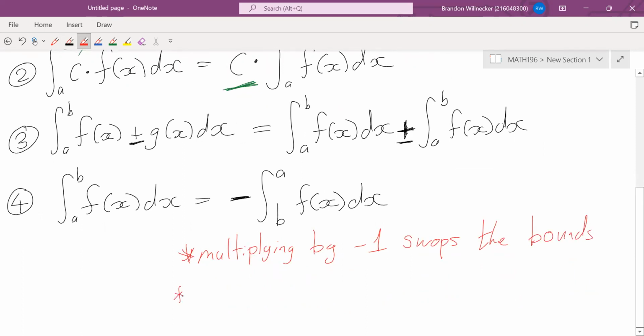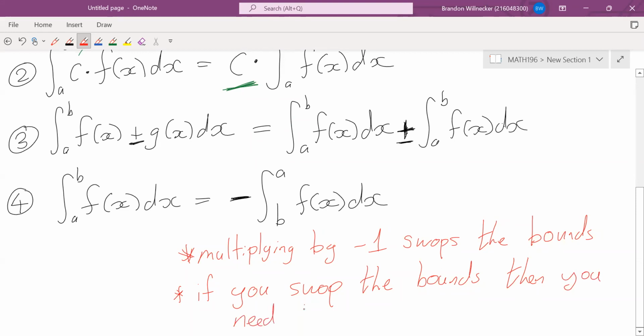Or if you want to think about it a different way, if you swap the bounds, then you need to multiply by minus 1. So that's just two ways of thinking about this property.